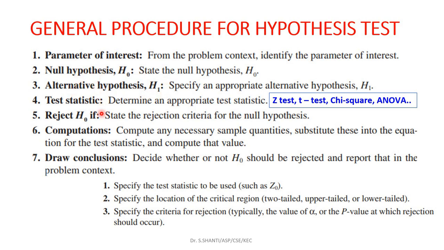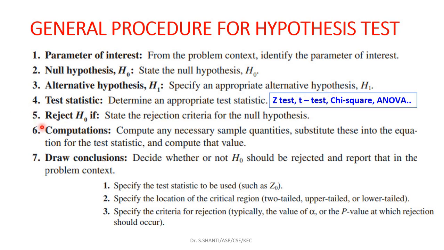After that, we determine the appropriate test statistic. It may be a Z test, a T test, a chi-square test or an ANOVA test. Depending upon the problem statement, we decide the test statistic.